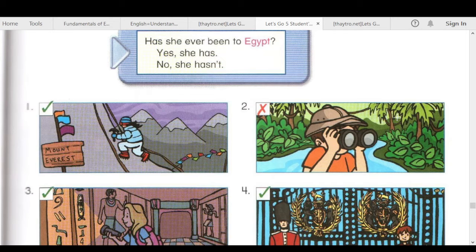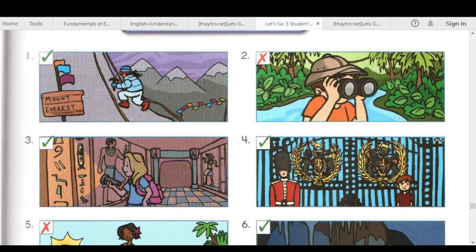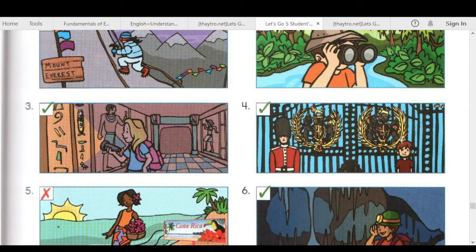Yes, she has. Number 2. Has he ever been to the Amazon jungle? No, he hasn't. Number 3. Has she ever been to Egypt? Yes, she has. Number 4. Has he ever been to Buckingham Palace? Yes, he has.